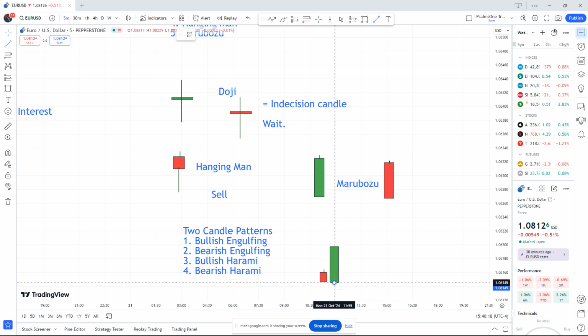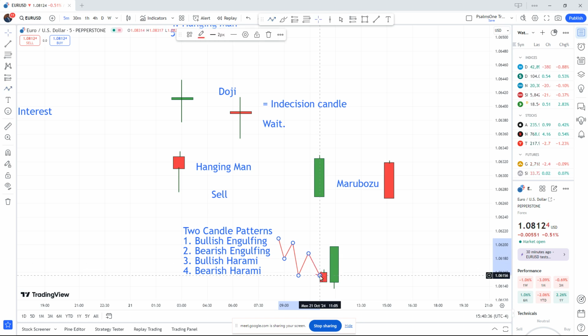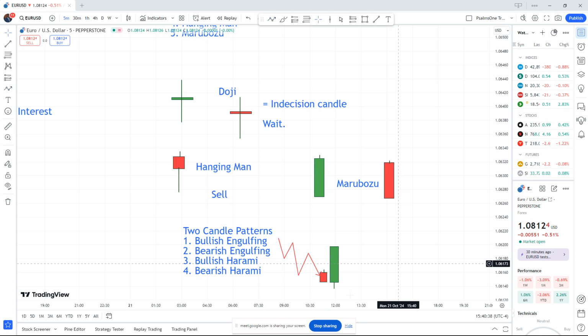So the sellers are very dominant, while for green, buyers are more dominant. So for the green, what do you do? Anybody? And when you see a red Marubozu candle, what do you do? Sell?